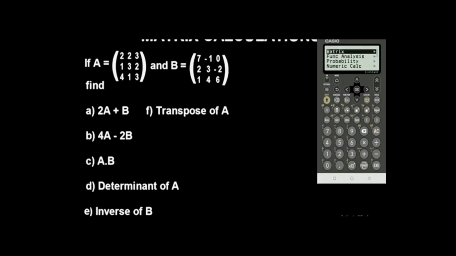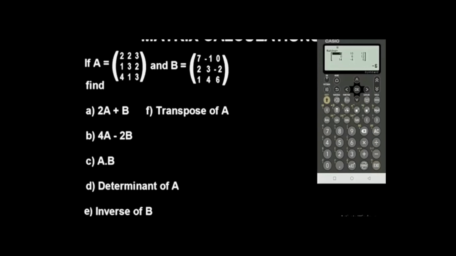The matrix option, we have 4 Mat A minus 2 Mat B. So you go to Mat B. So that's it. Let's press execute. So this is the subtraction result.